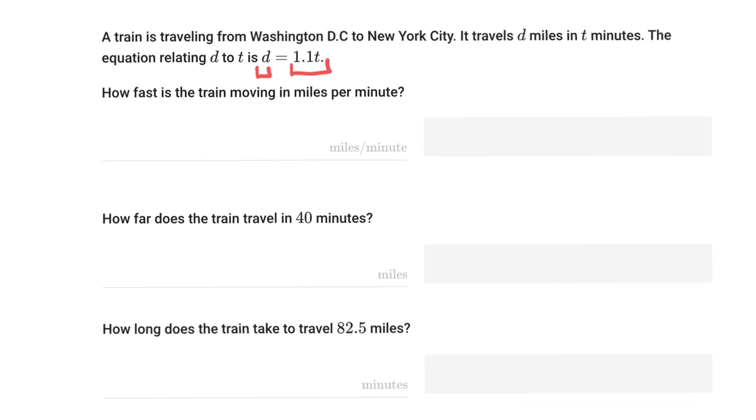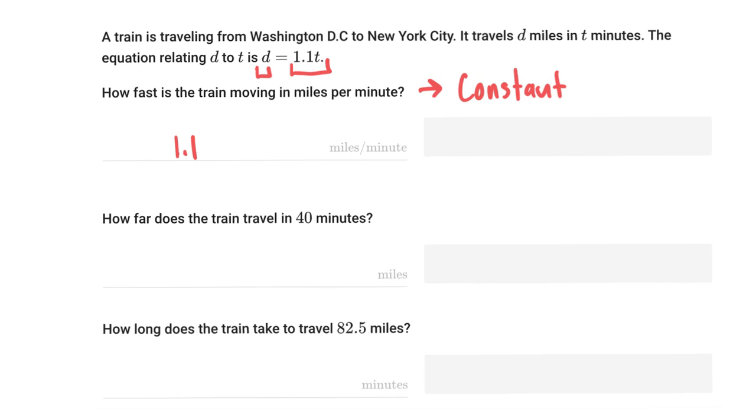So it's saying how fast is the train moving per minute? This is just our constant of proportionality. So the constant of proportionality from an equation is just the constant that is in front of our variable. So it is 1.1 miles per minute.